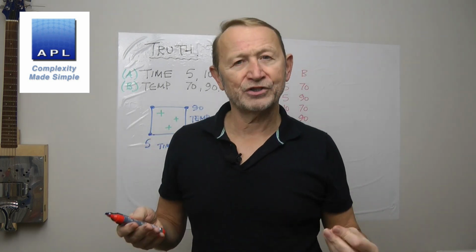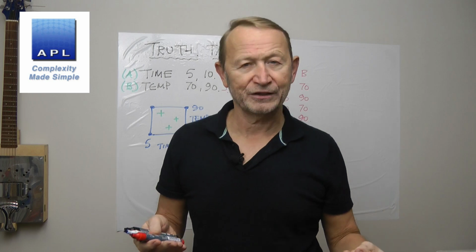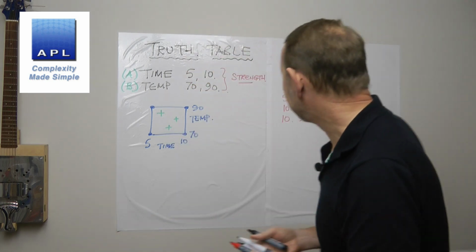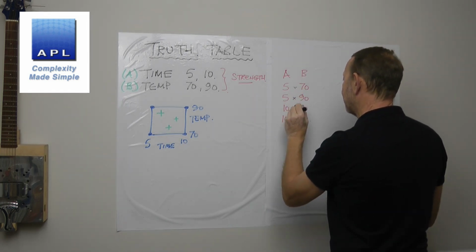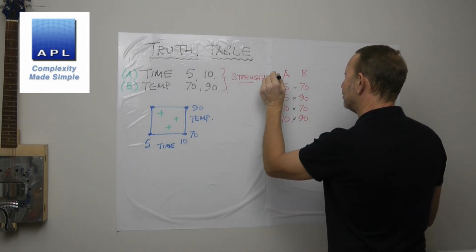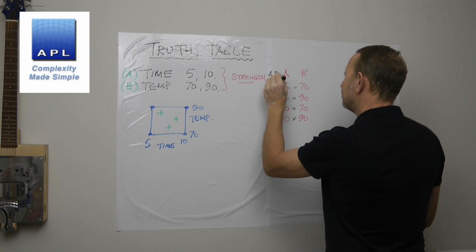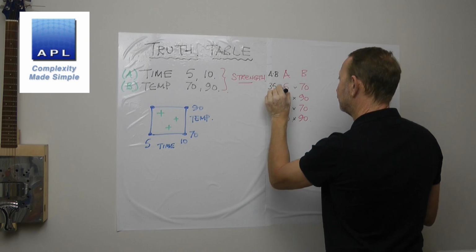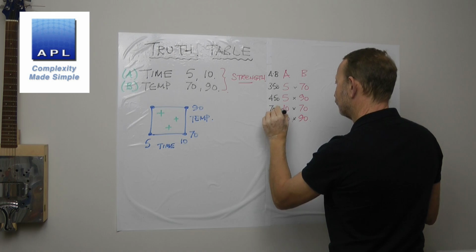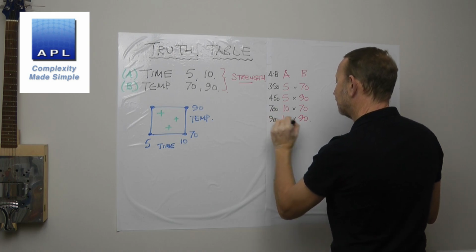I can't analyze the interaction using real values. I could try and be clever. So for instance, I could try and multiply these together to create what you might call an interaction combination. What would that be? 350, 450, 700, 900.